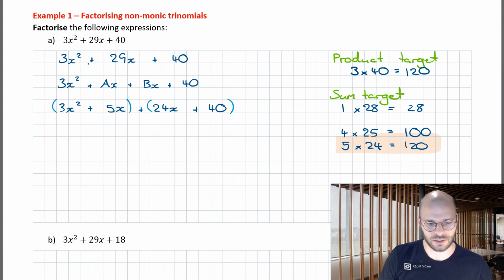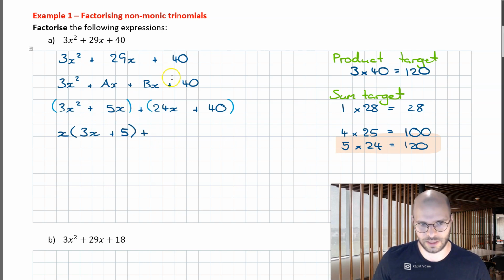Looking at the first bracket, we can see that there are no common factors between 3 and 5 because they're both prime. However, what we do have in common is a single x. So we'll factorize for that. Next, we have something that looks a little bit unkind. We have 24 and 40. Now these are not directly divisible by one another, but they will have factors that are in common.